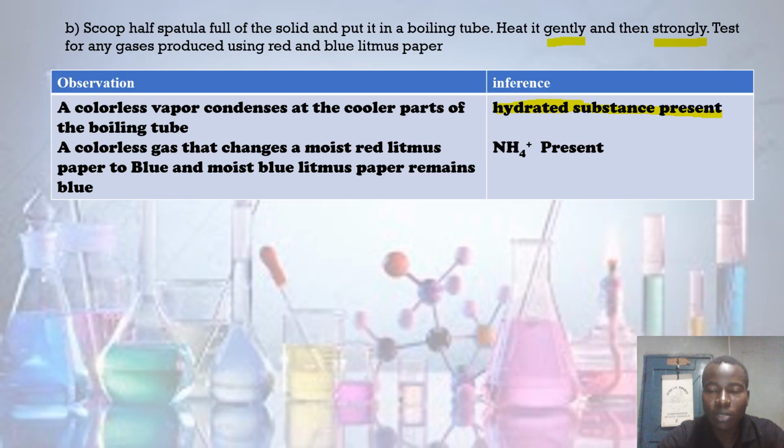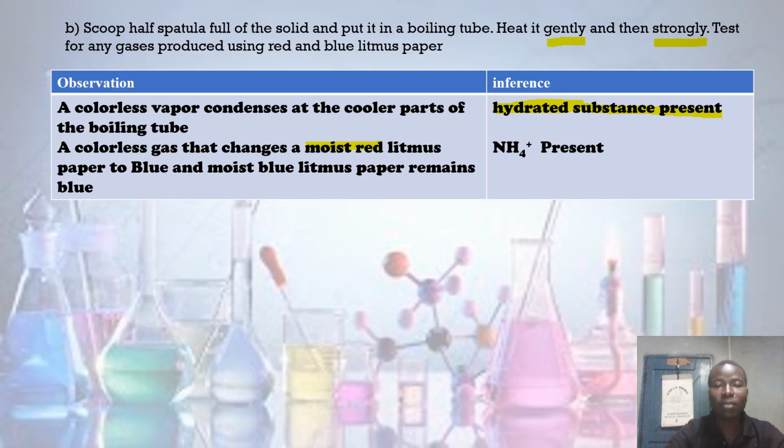Now, which observation are you going to make when you heat strongly? For instance, the substance may decompose and produce a gas that changed the moist red litmus paper to blue, and the blue litmus paper remained blue.